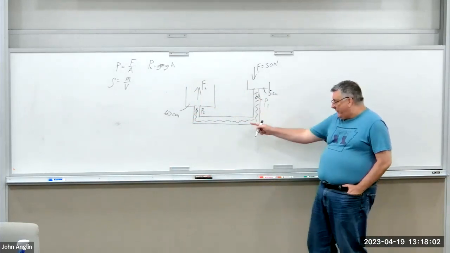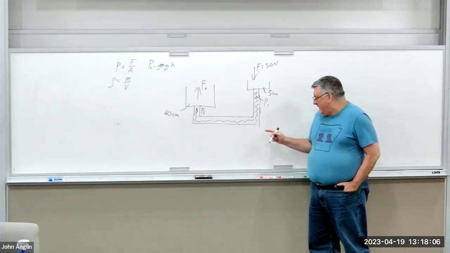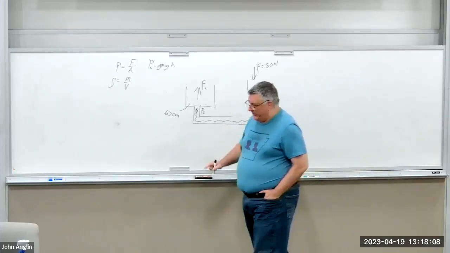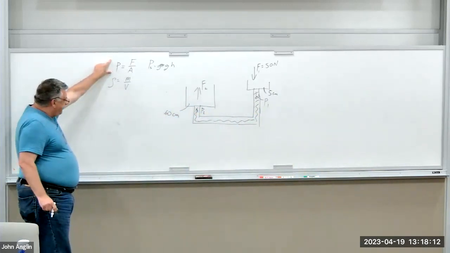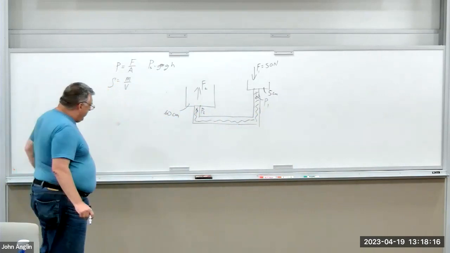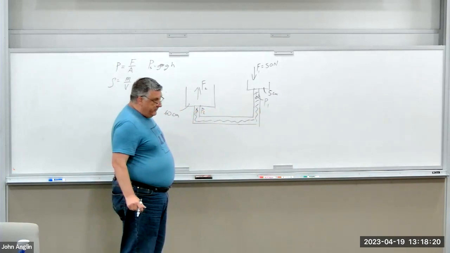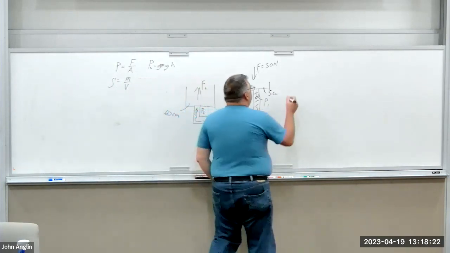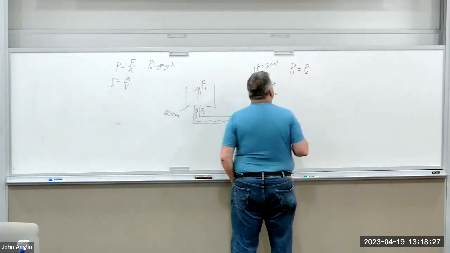We know that we have some pressure in the system, and we know that pressure is force per unit area. And because of Pascal's principle, we know that P1 has got to equal P2. So we're just going to write that down. P1 equals P2.